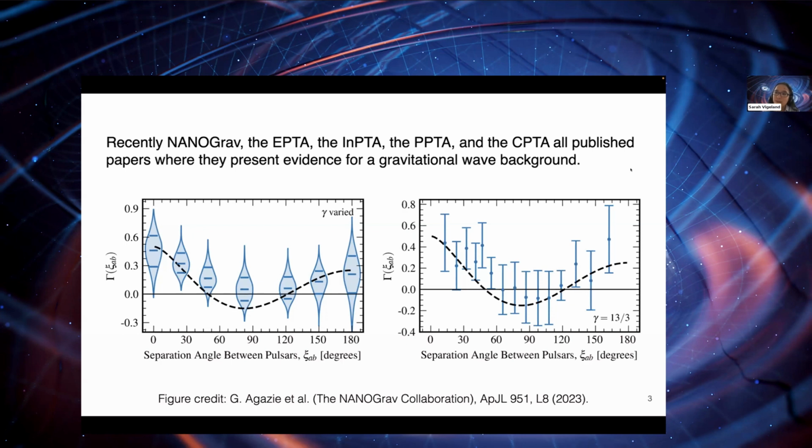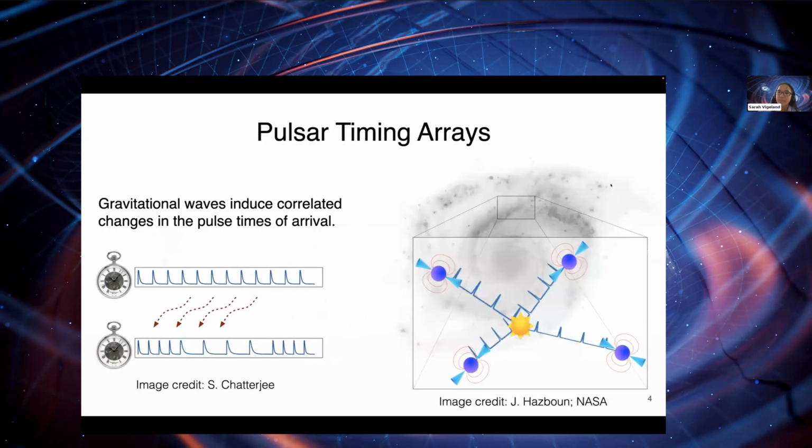So now that I've told you kind of where we're going, let me take a step back and start at the beginning. Pulsar timing arrays are sensitive to gravitational waves because gravitational waves induce correlated changes in the pulse times of arrival of millisecond pulsars.